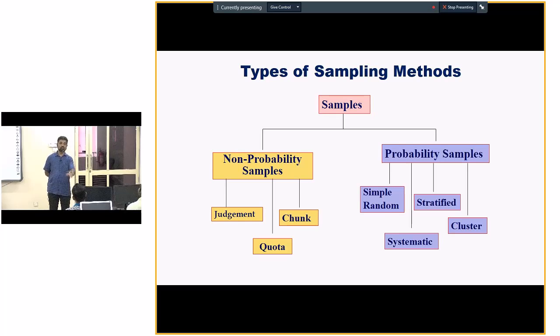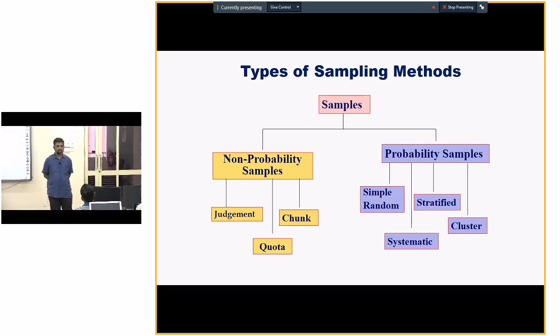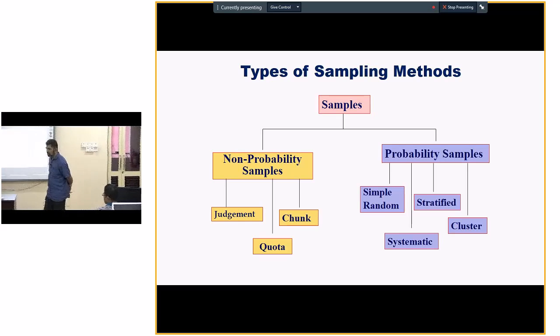In your case, yes, judgmental sampling. Then you can judge by capitalization level. In your case, no idea?